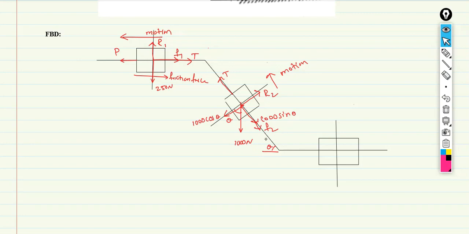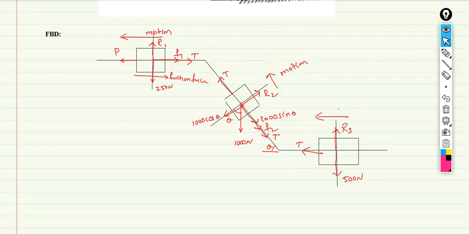Coming to the tension, these two blocks are connected to each other, so tension T will be developed between the two blocks. Weight always acts vertically downward, that is 500 newtons acting downwards, and the reaction acts upwards, that is R3.